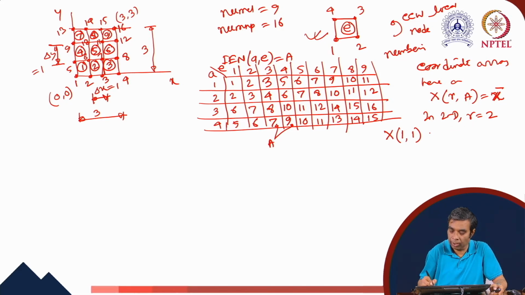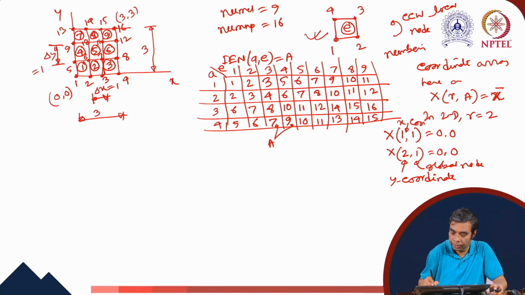For the first global node, the x and y coordinates are 0.0 and 0.0. Here 2 is for the y coordinate, this 1 is the global node, and this index 1 is for the x coordinate.